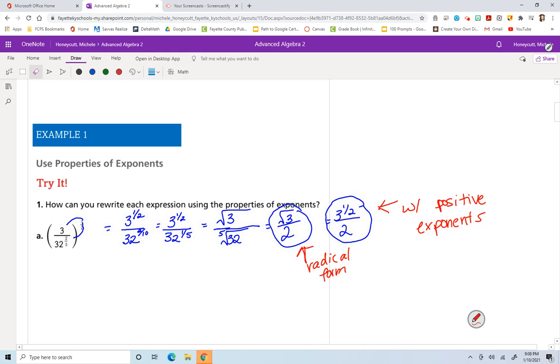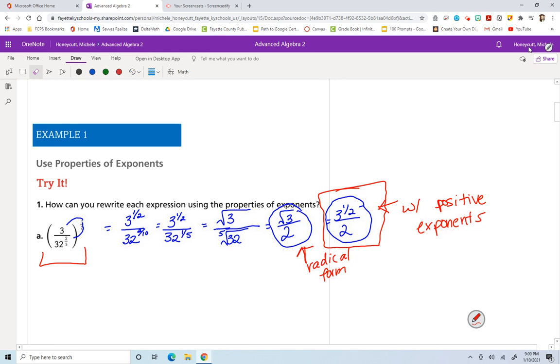Sometimes problems don't specify which ones they prefer, and they'll take either one. But the general convention is whatever form they give you, that's usually the form that they want you to write your final answer in, unless they specify otherwise. But either way, if this were a test or a quiz and it did not specify and you entered either one of these, I would totally count either of those absolutely correct.